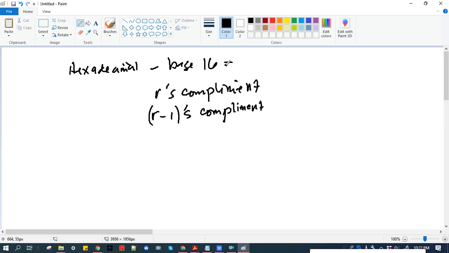The base is 16, so our R is 16, so we have the 16's complement and then 15's complement.